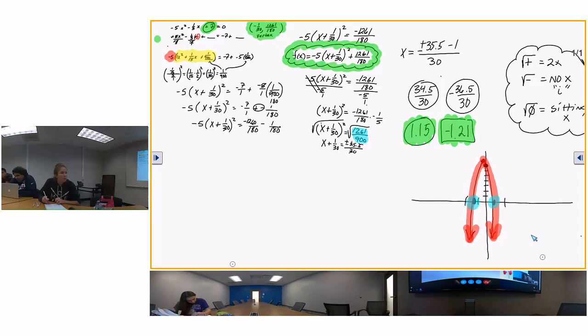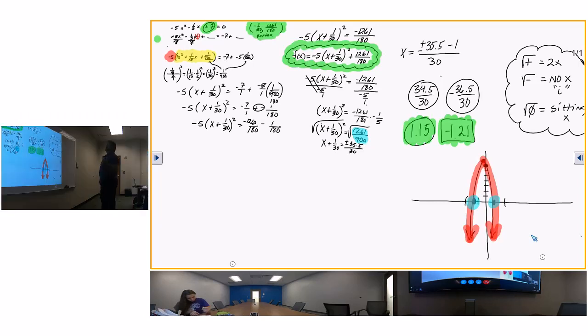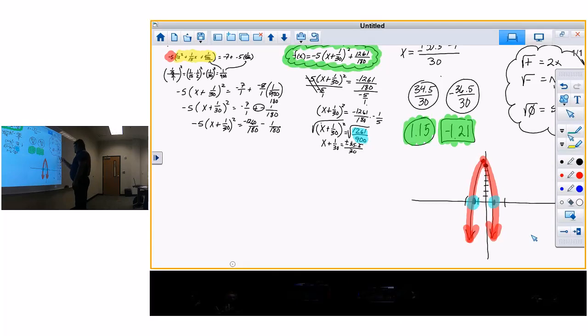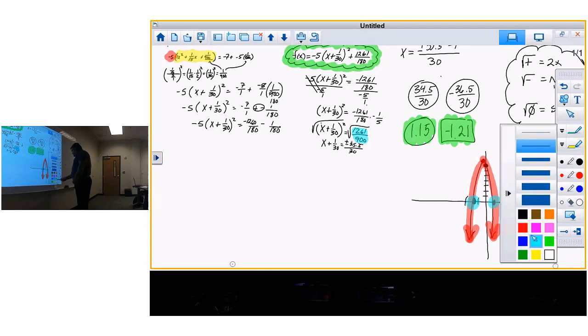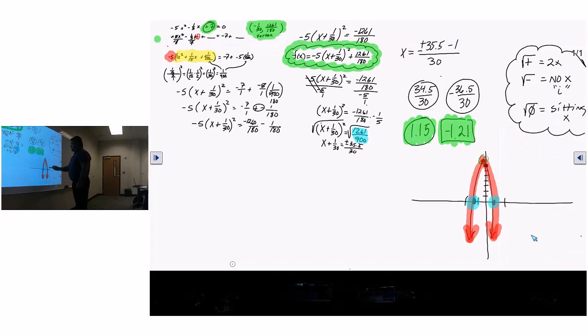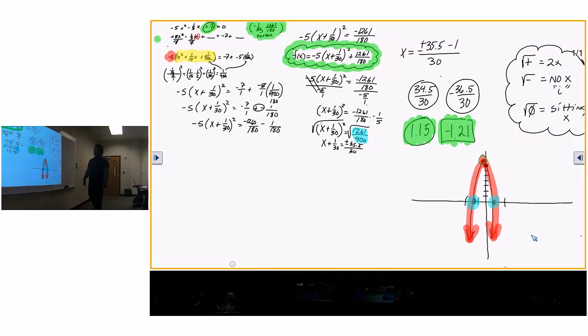What else? Oh, we got to write the domain, right. I'm trying to see if there's anything else. The vertex, we got it in green, so we'll circle the vertex in green. There's the vertex. So, domain.